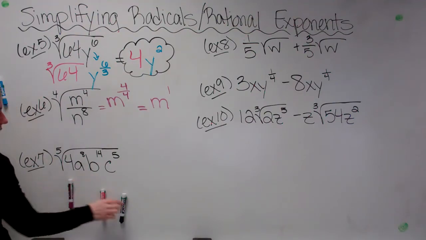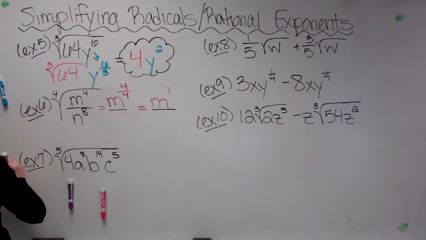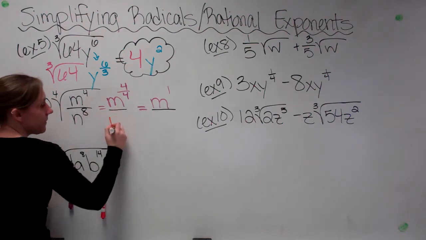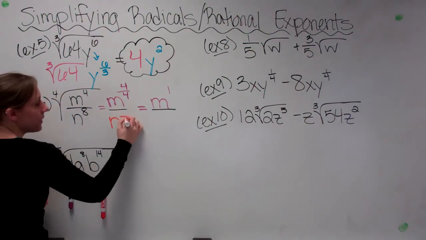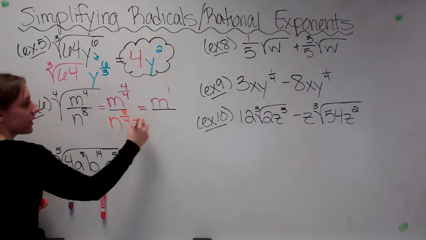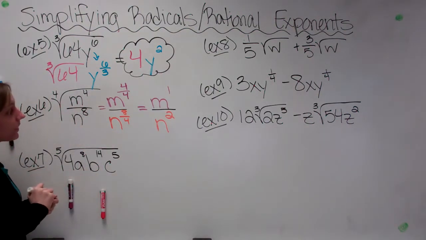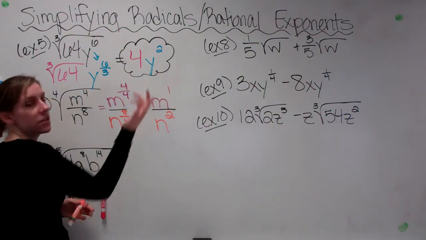All right, then we look at the denominator, n. This is the denominator, this power is the numerator, and 8 divided by 4 just reduces down to squared. So it's really m to the first, and you don't really need it.